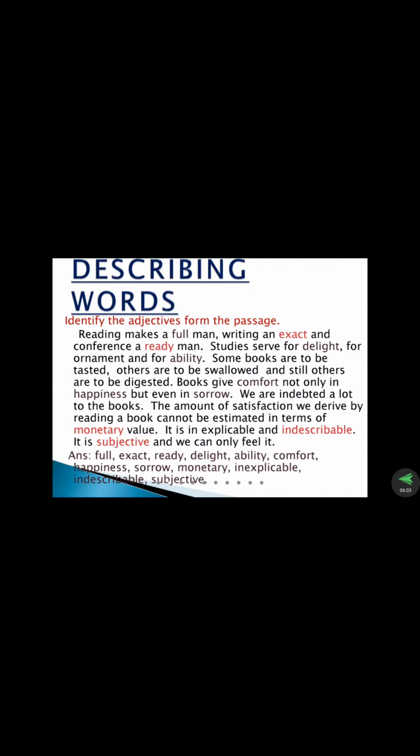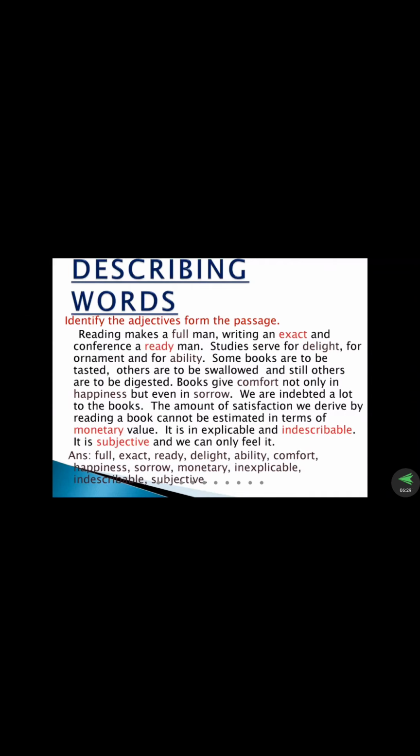Some books are to be tasted, others are to be swallowed, and still others are to be digested. Books give comfort not only in happiness but even in sorrow. We are indebted a lot to the books. The amount of satisfaction we derive by reading books cannot be estimated in terms of monetary value.